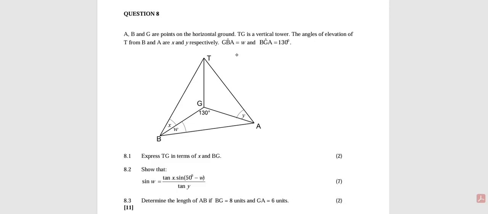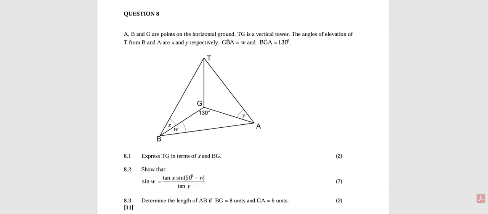Angle GBA is equal to W, and angle BGA is equal to 180 degrees. So here we've been given 180 degrees.